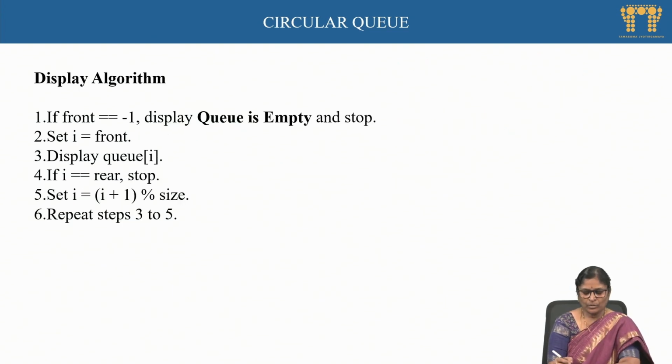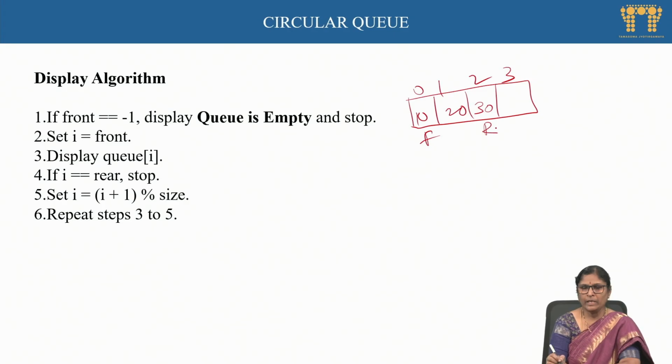Now, coming to the display of a circular queue, I want to display the elements present in the circular queue. Suppose 10, 20, 30. The front will be here and the rear will be here. So always from front to rear only you can display the elements. This is one of the scenarios.